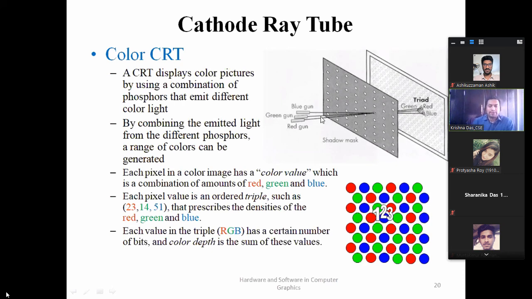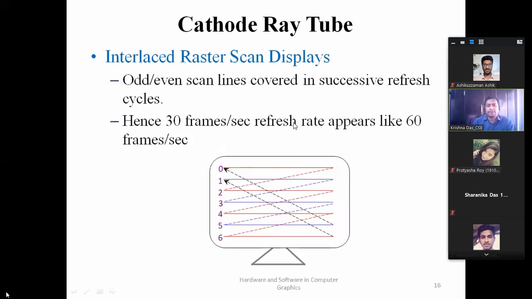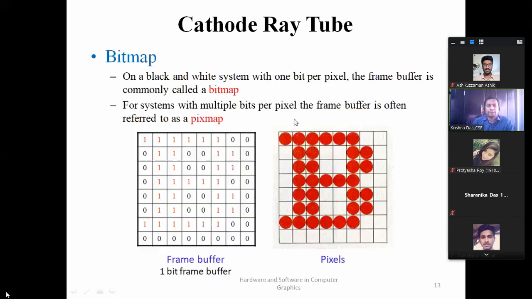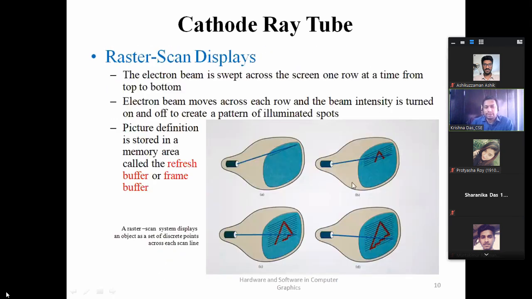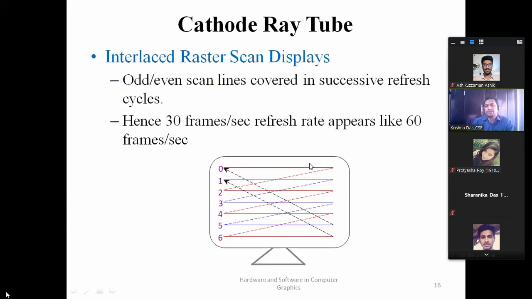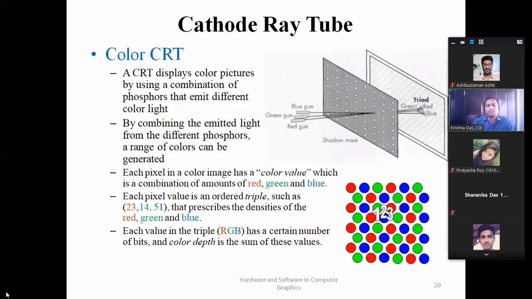As far as we have discussed, we only talked in a general way about an individual pixel and one gun, but in a color display we actually have 3 guns, red, green, and blue, and they throw the electron beam through that mask onto the specific red, green, and blue dots.